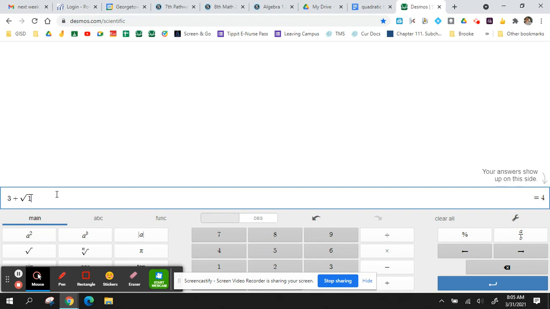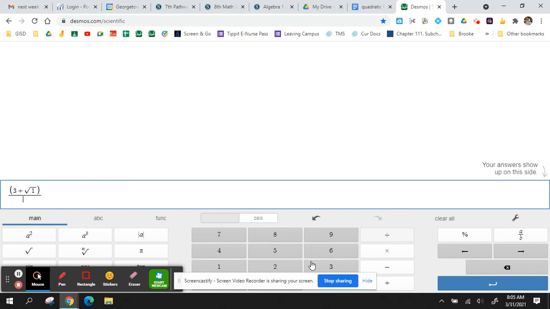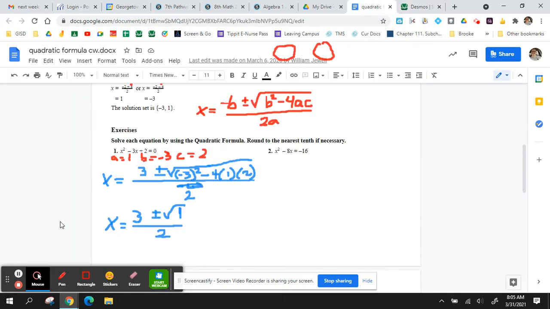So I should have put all that in parentheses. Let me do that now. And I'm going to divide by 2. And you get 2 as your answer. So that's one of our answers here.